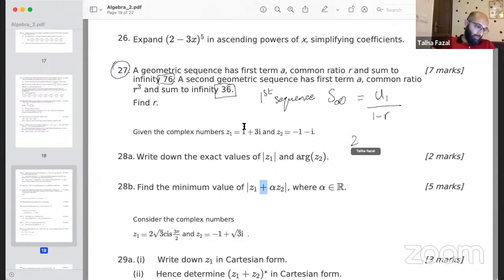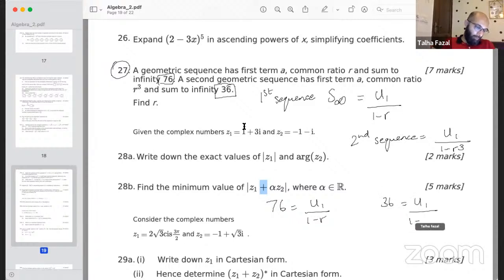And for the second sequence, it is going to be u1 over 1 minus r cubed. Now, in both cases, the sum to infinity is given. So in the first case, 76 equals u1 over 1 minus r. In the second case, 36 equals u1 over 1 minus r cubed.